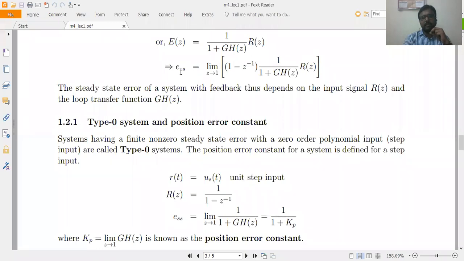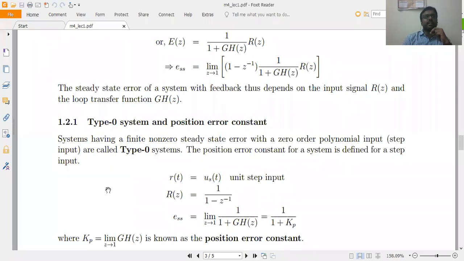We get steady state error is equal to limit Z tends to 1, the 1 minus Z inverse terms cancel out, giving 1 divided by 1 plus G into H of Z. Let us consider limit Z tends to 1, G into H of Z as Kp, and this Kp is called the position error constant.